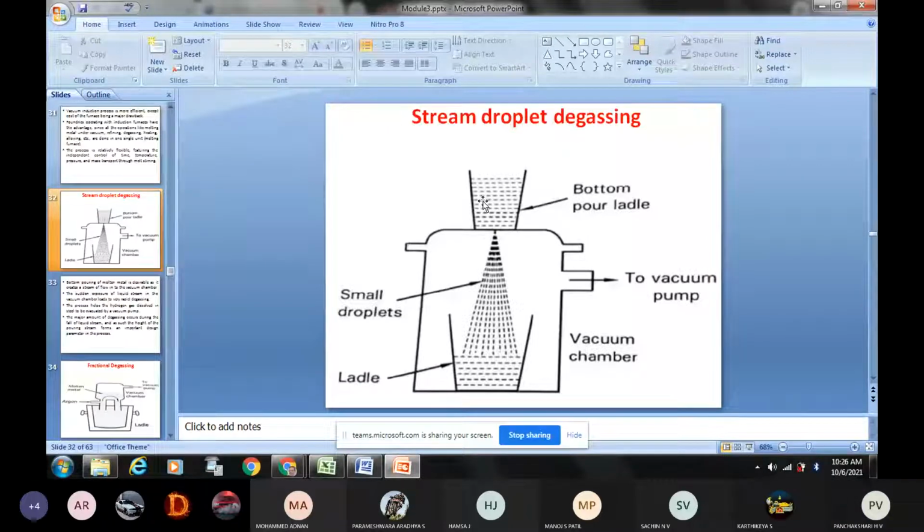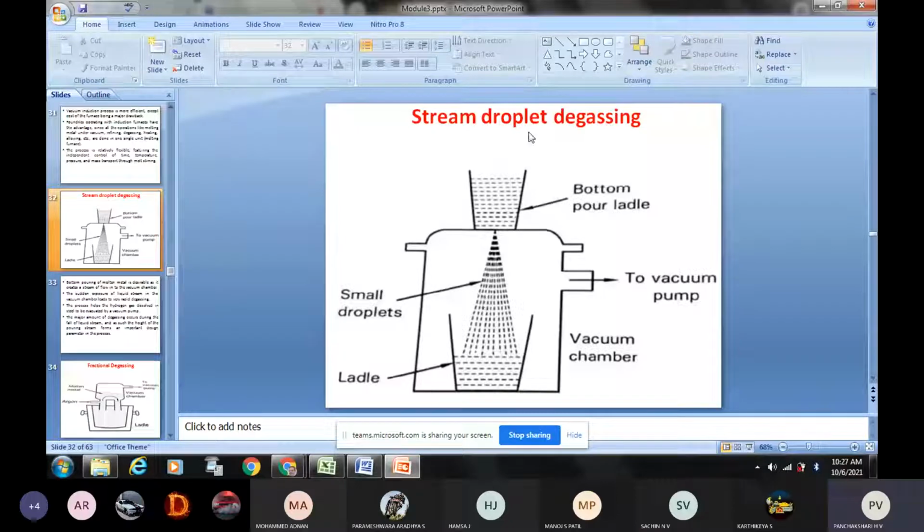This is the upper ladle, this is the bottom ladle. From the upper ladle, the liquid metal drops in the form of a stream. That is why it is called stream droplet: the stream of liquid metal drops in the form of droplets.